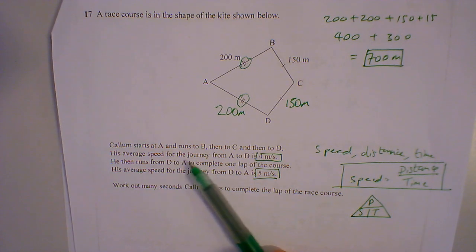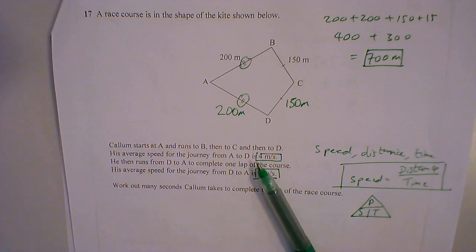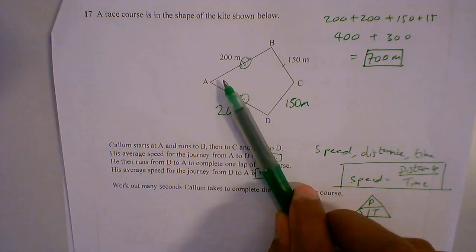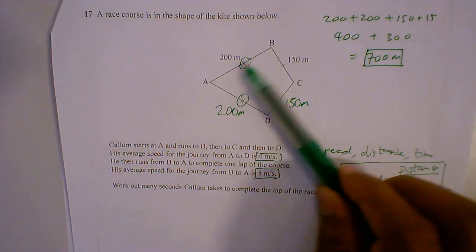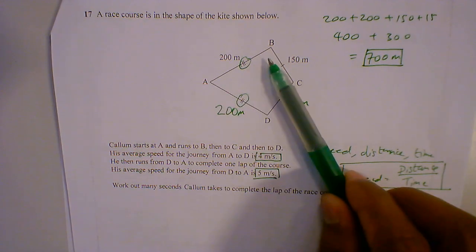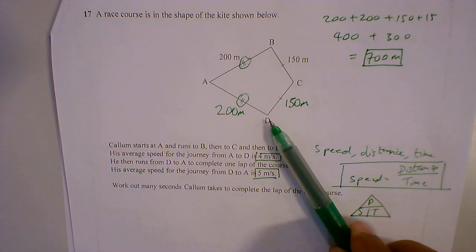His average speed for the journey from A to D is 4 meters per second. So I've got A to D. That distance is 200, 150 and 150.